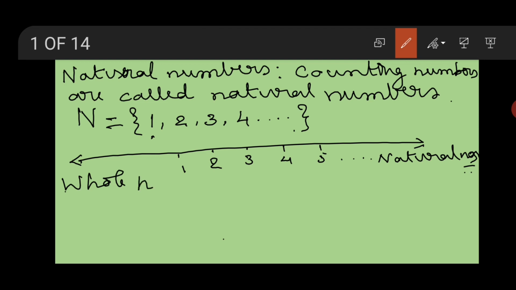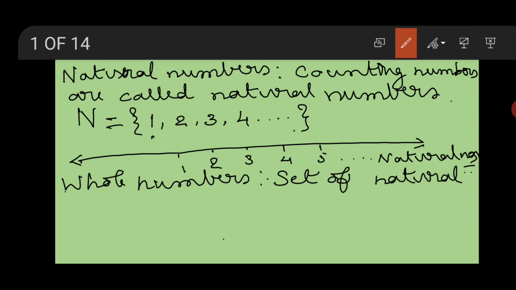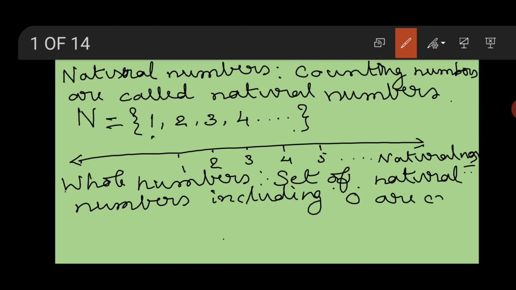Whole numbers. Set of natural numbers including 0 are called whole numbers.